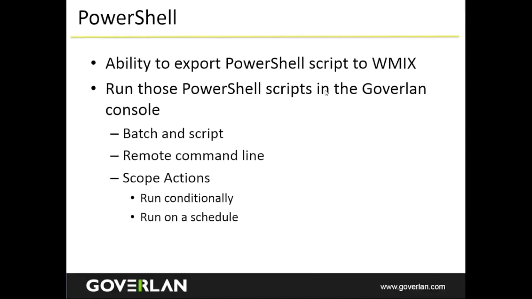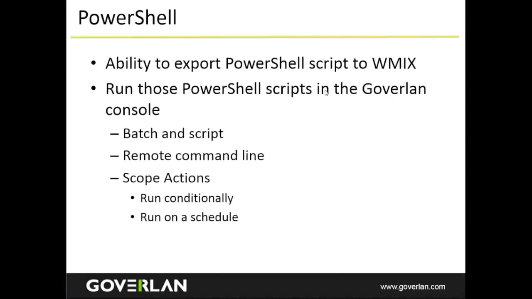Within the batch and script section, which appears in admin and diagnostics, from the remote command line, whether in admin and diagnostics or just connecting to a machine through the remote command line, and from within scope actions. And scope actions really brings something interesting to scripting in that I can now do some automation around scripts that I've generated without doing a lot of heavy lifting on the script work.